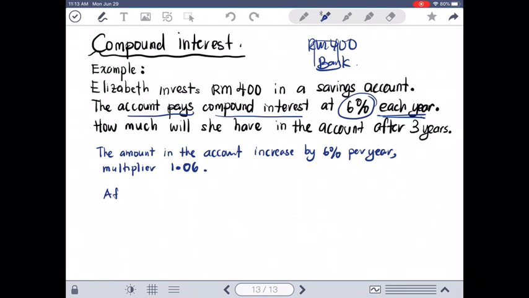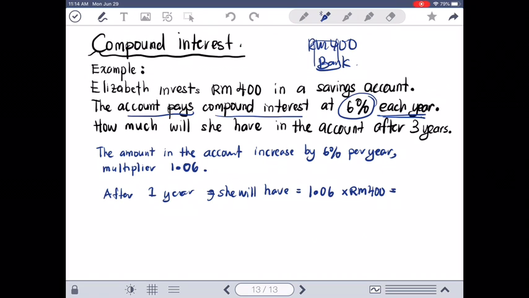So after a year, she will have 1.06 times 400, so that should be RM424. That is after a year.